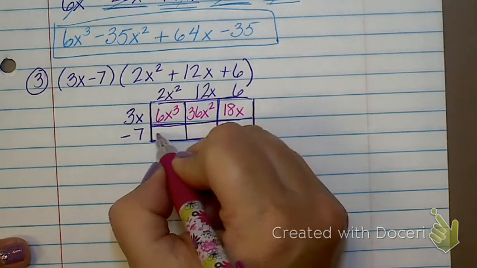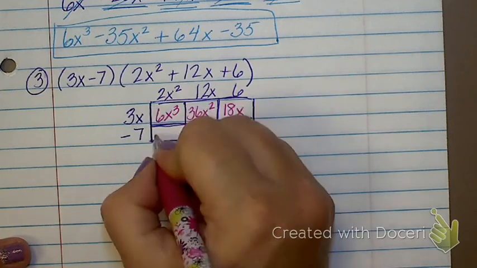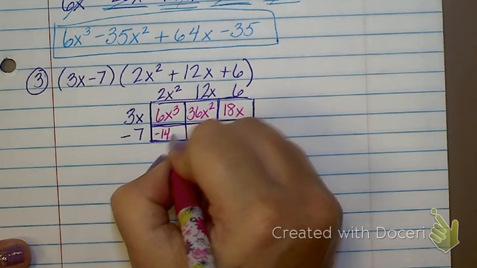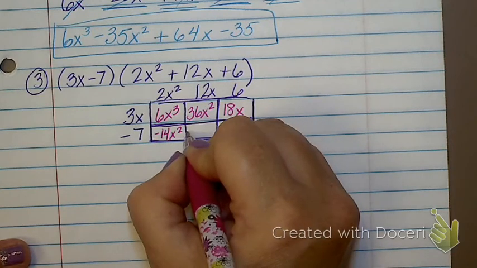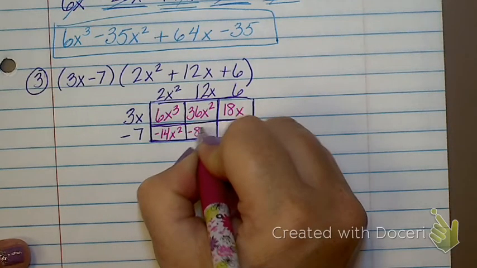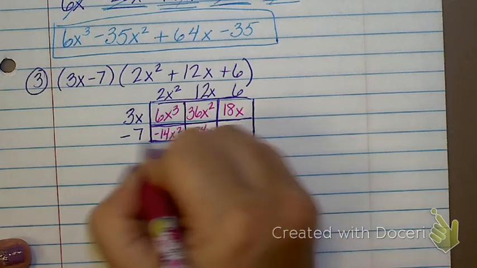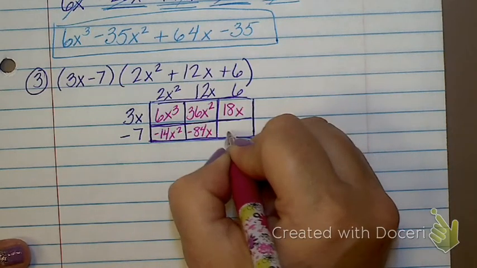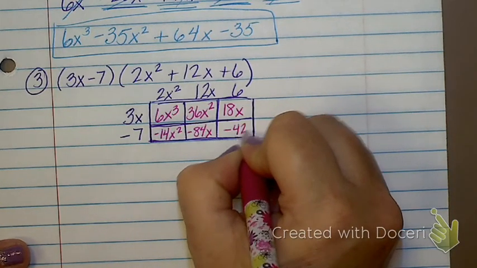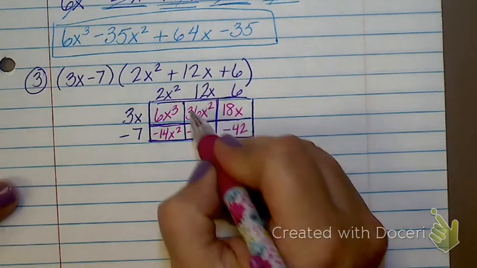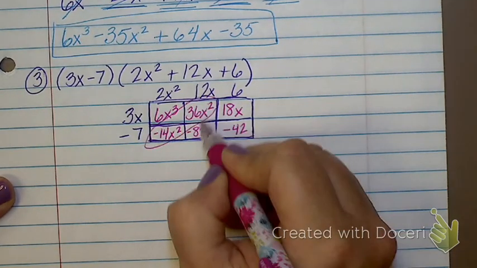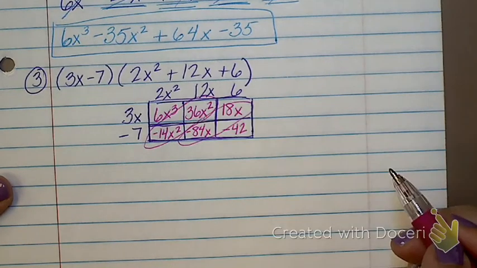Second row, negative 7 times 2x squared, negative 14x squared. Negative 7 times 12x, negative 84x. And negative 7 times positive 6 is negative 42. Now, the benefit of using the box method is if both of your polynomials are in standard form, your like terms are very close to each other and easy to group together.